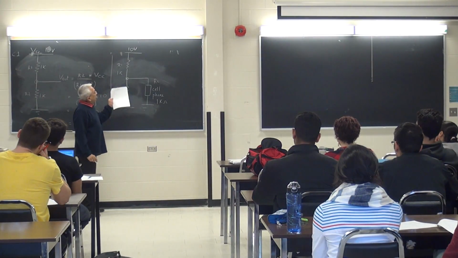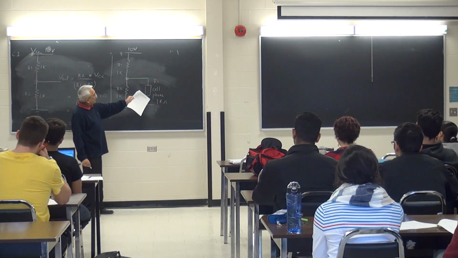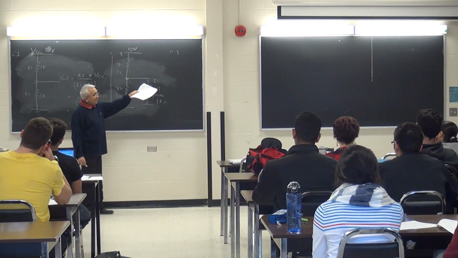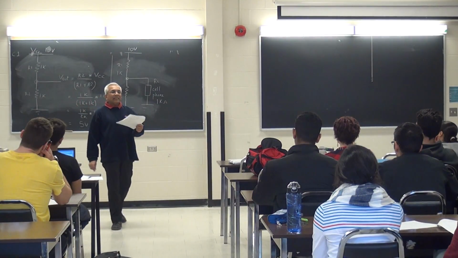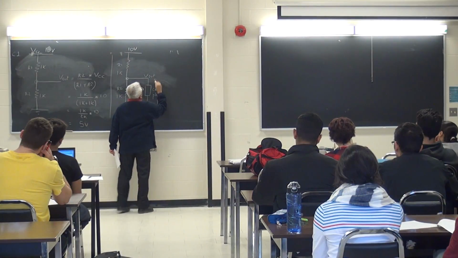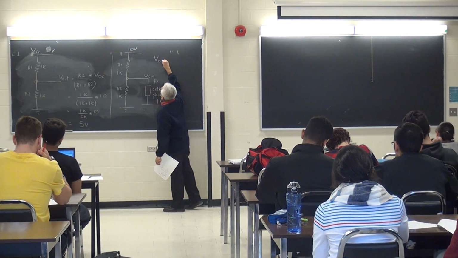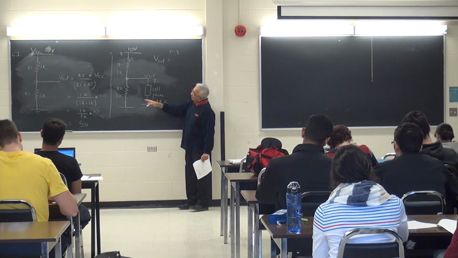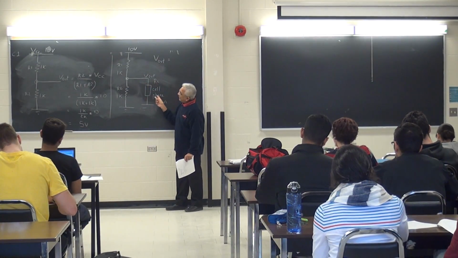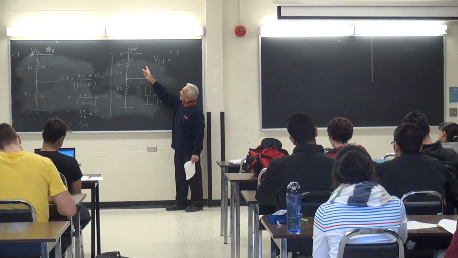Am I getting 5 volts if I hook up a cell phone whose resistance is 1K? Let's calculate V out again. The new V out is the resistance to ground divided by the total resistance times 10.